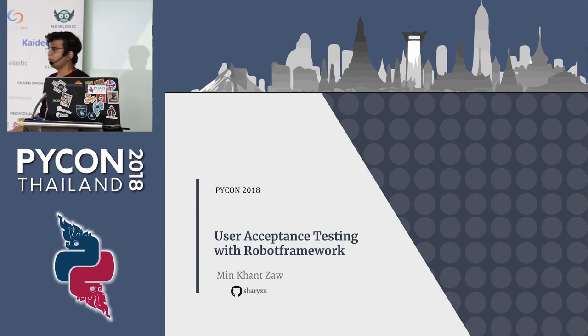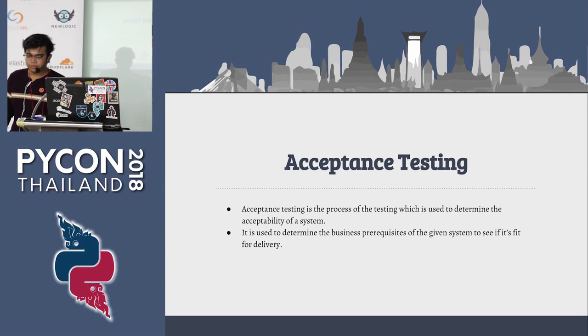Before going to Robotframework, I want to talk a little bit about acceptance testing. If you have worked in production, and I'm sure you have, you would probably be familiar with acceptance testing and a lot of things that come with it. It's the process used to determine the acceptability of the system before you deliver it to the customer.